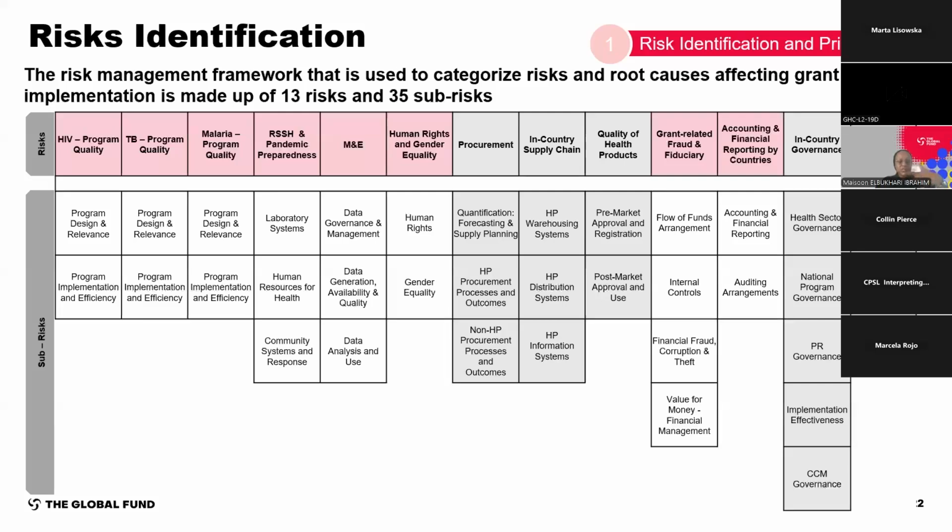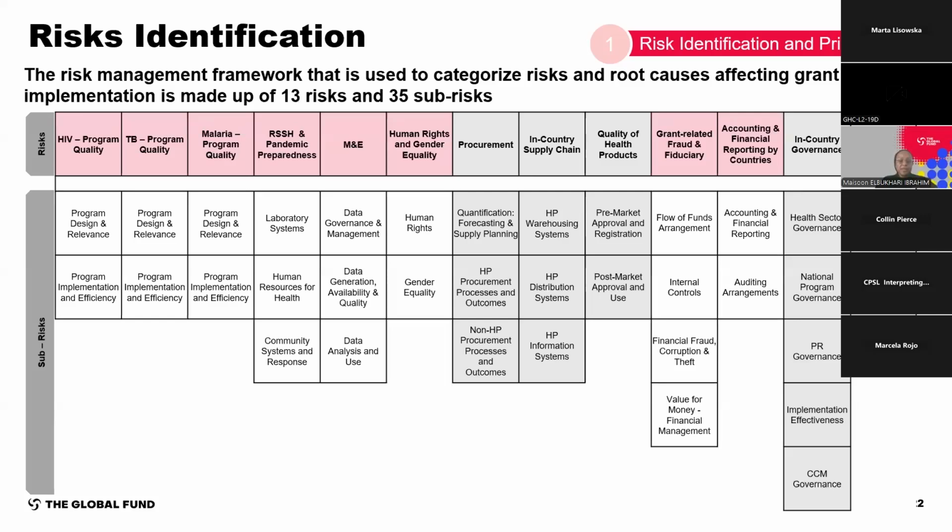So how do we do this on a daily basis? The risk assessment, identification of root causes, design of mitigating actions, and monitoring are all carried out using an online platform called Integrated Risk Management, or IRM tool. And this platform helps in aggregating data at multiple levels, at grant level, at country level, and then at organization level.